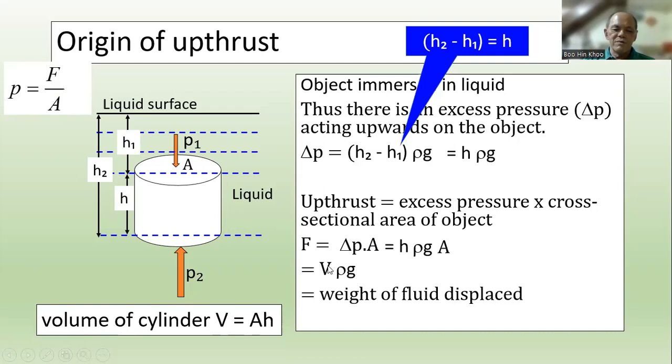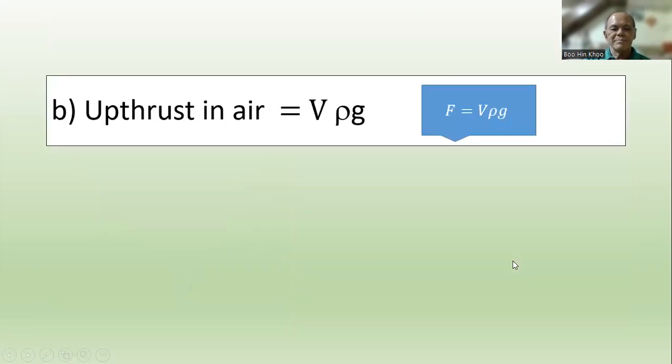This is the volume of fluid or volume of solid, same thing, because it's in the liquid. Rho is the density of liquid, G is the acceleration due to gravity. This is given in your formula sheet, so you don't need to memorize, but it's faster if you can memorize it.